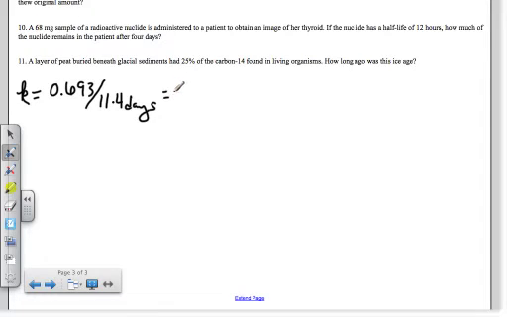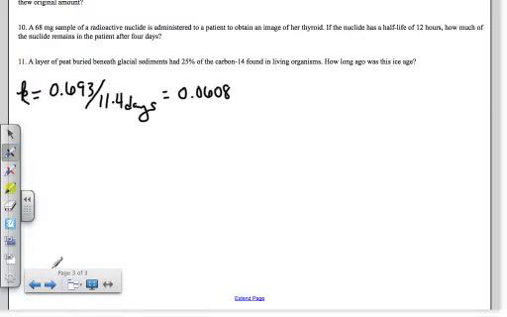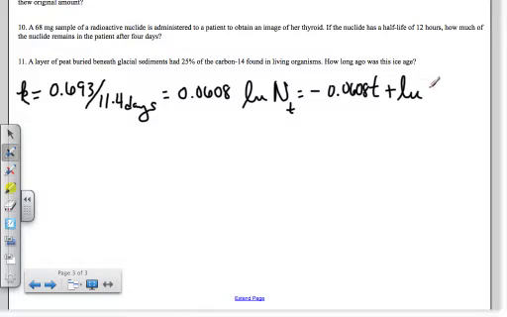So K is equal to 0.0608, and then I'm going to plug that into ln of the amount at time t, which is equal to negative 0.0608 t, because I want to know the time it takes, plus the natural log of the original amount, which was 0.240.